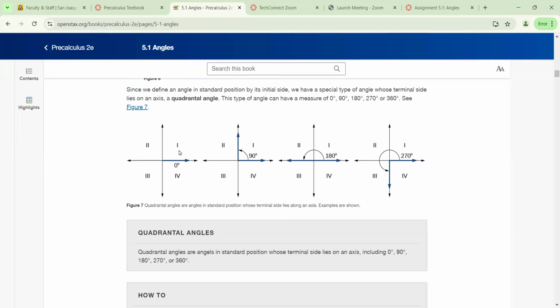The numbers that you see written right here are called quadrants. This is the first quadrant, second quadrant, third quadrant, fourth quadrant. There are a total of 4 quadrants in your coordinate system. So there are the measures of 0, 90, 180, 270, and then 360.